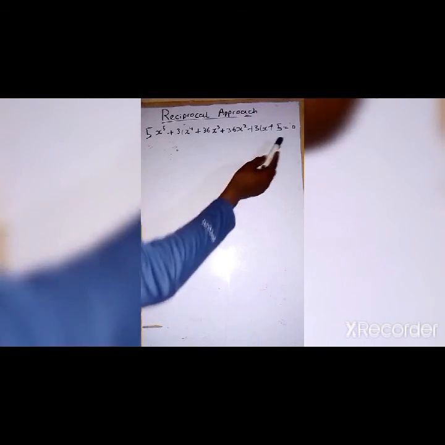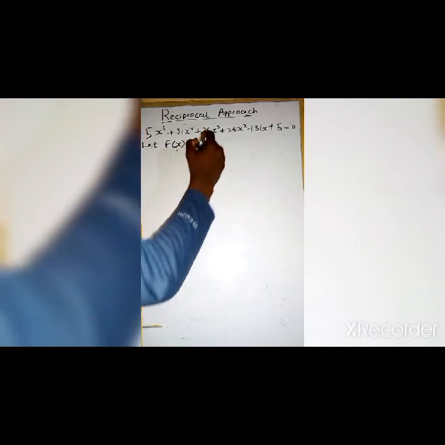The first step, when we have something like this, and this question is like a reciprocal approach question because they are repeating themselves, is that we first find a factor of this equation. And we divide by the factor to get another equation like this is to the power of 5, which is the highest coefficient. So when we divide by a factor, we get something like x to the power 4 or x to the power 3 or something like that. So how do we get the factor?